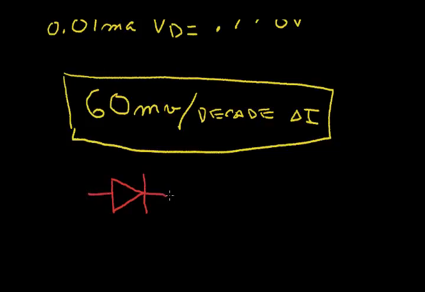Now diodes will always have a series resistance. It's part of the diode structure, and this is the parasitic resistance that you really can't get rid of. But this 60 millivolts per decade is for the diode part only. It does not include the drop in the parasitic resistance.